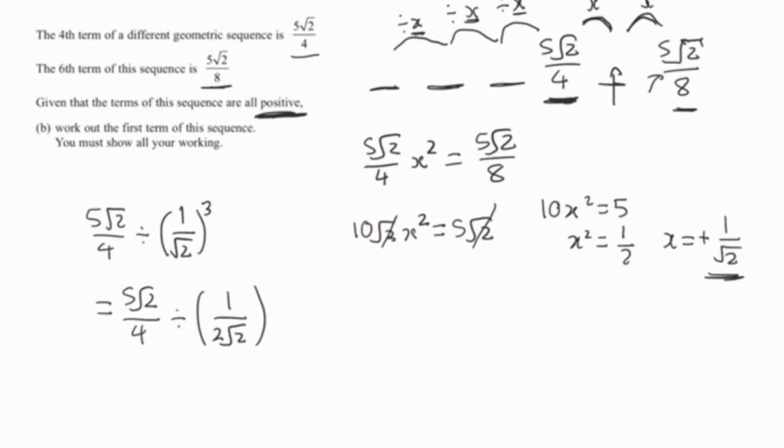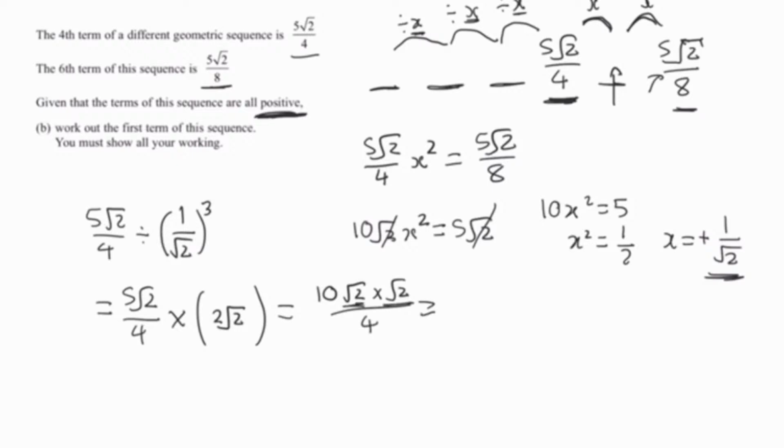Now we have one fraction divided by another one, and you just need to remember how you divide fractions. Well, you change this division sign to a times, and then you flip this fraction. So if we flip it, we're just going to get 2 root 2. So our first term is going to be those two multiplied by each other, which gives us 10 root 2 times root 2 over 4.